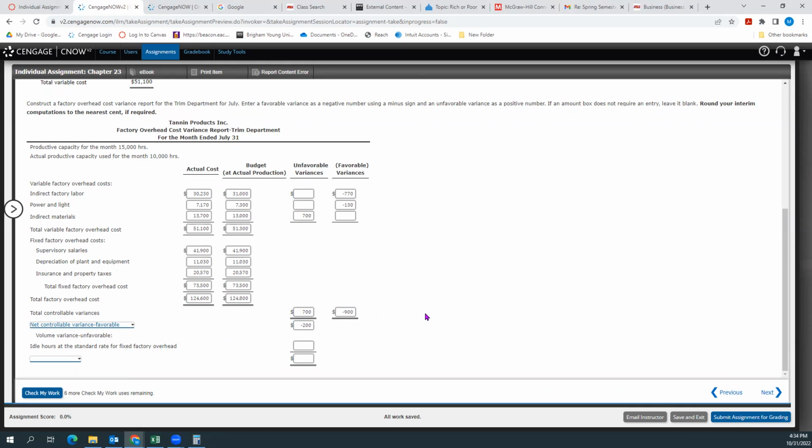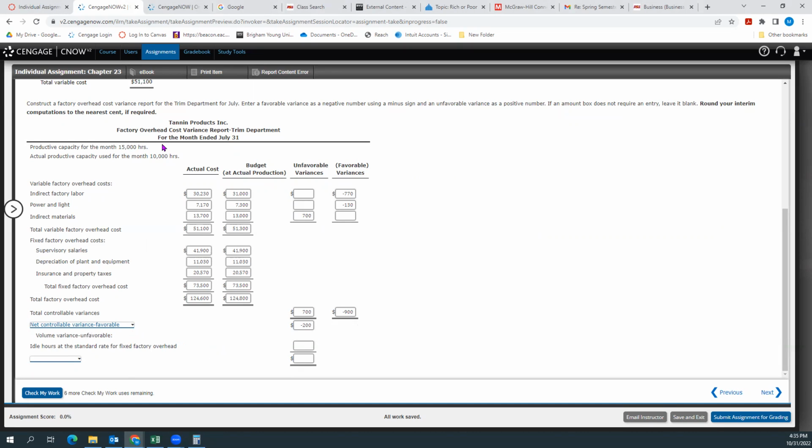Okay. Our volume variance, in essence, is going to be the idle hours. Oh, it has it right here for us. So our volume variance is going to be unfavorable, right? That's the idle hours at the standard rate for fixed factory overhead. The idle hours are the difference, right?